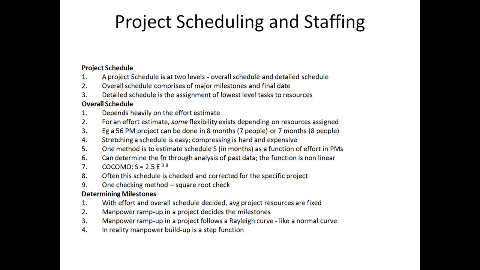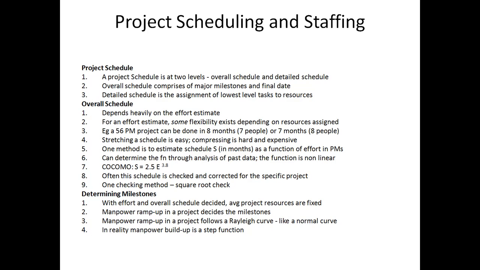Coming to the next activity of project scheduling, detailed scheduling. In the overall scheduling, we set some milestones. Once the milestones and the resources are fixed, we have to set the detailed schedule.